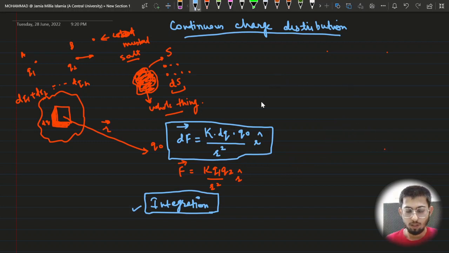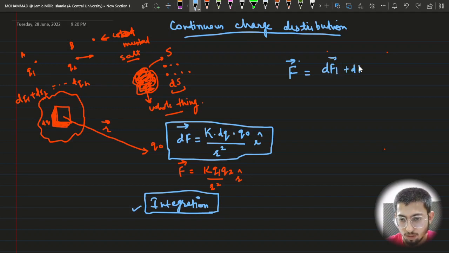Now we have found the force due to one dq. We need to find the total force, isn't it? The total force, given by F, in layman's terms should be df1 plus df2 plus dash dash dash dfn.